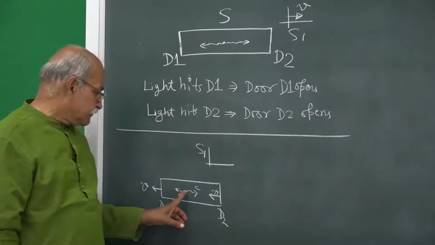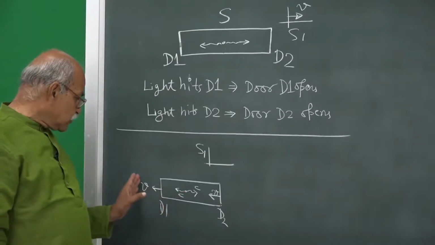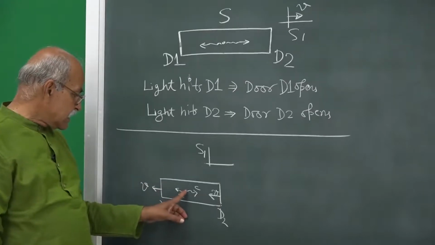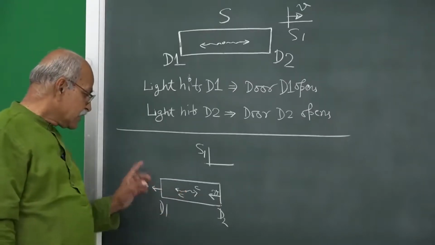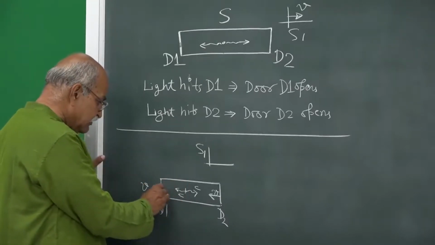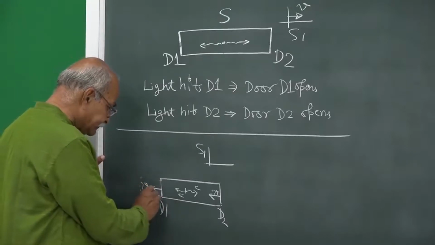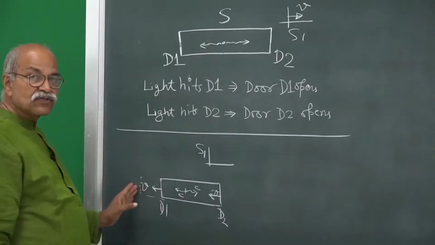So, you can see that door D1 is going towards left and this light has to catch up with that, and therefore, this meeting of this light pulse and this door D1 is not going to be here, it is going to be somewhere here, extra distance.